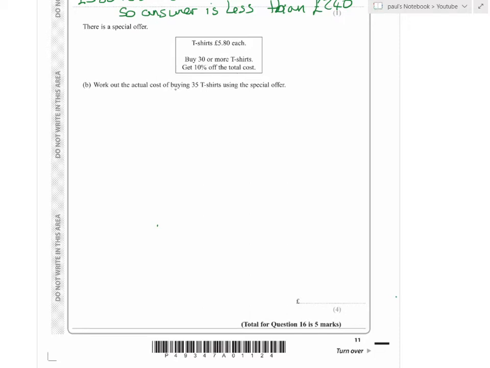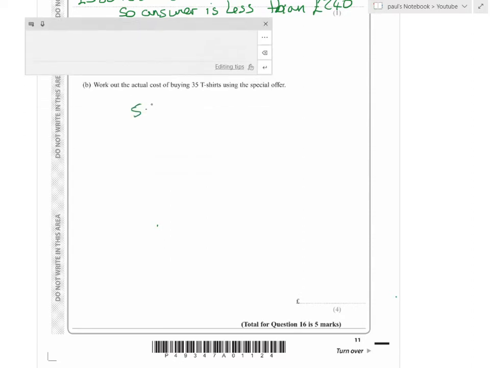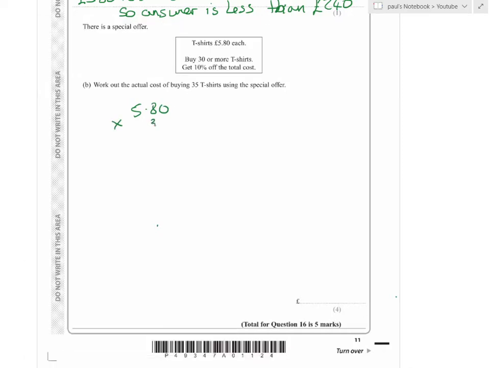So, a special offer. £5.80 each, buy 30 and you get 10% off. So, we just work out what £5.80 is times how many t-shirts we buy. 35. So 5 noughts are naught, 5 eights are 40, 5 fives are 25, so that's 29.